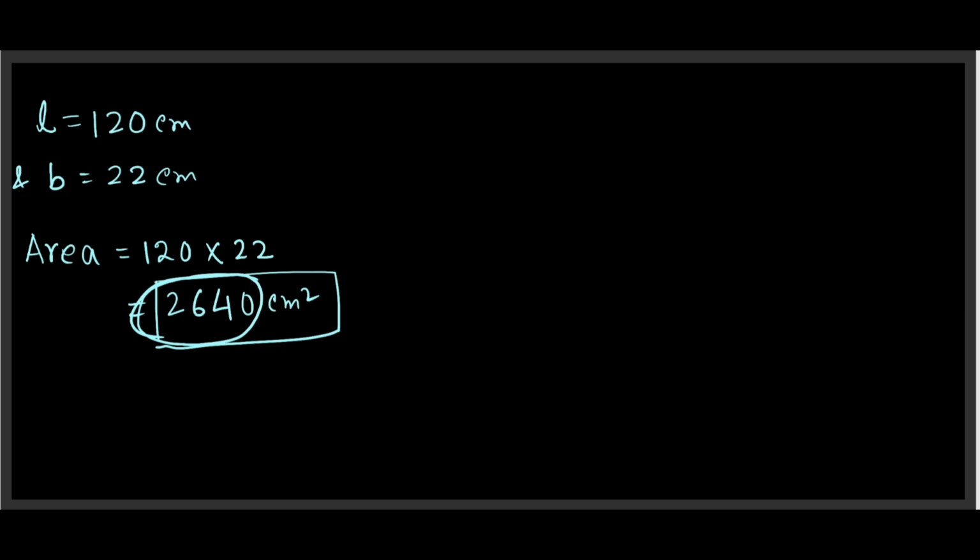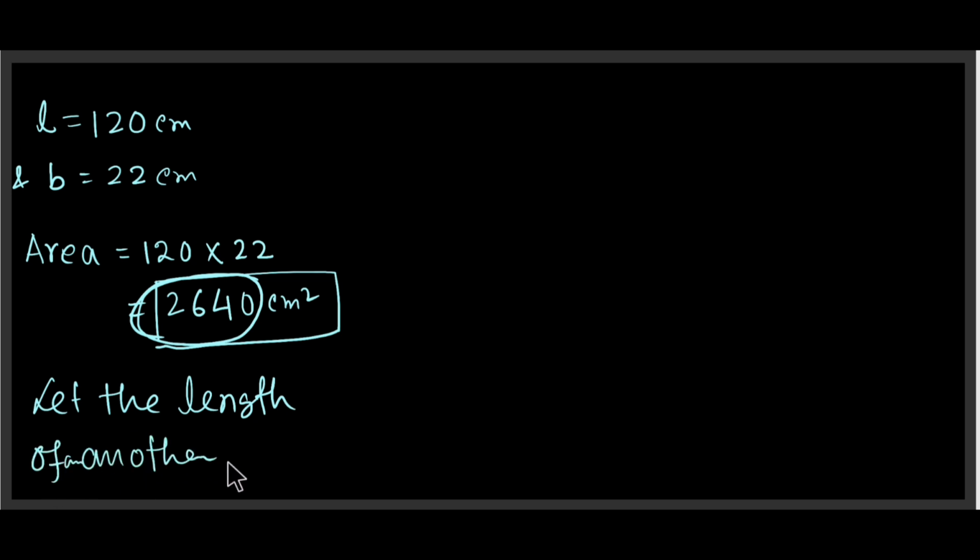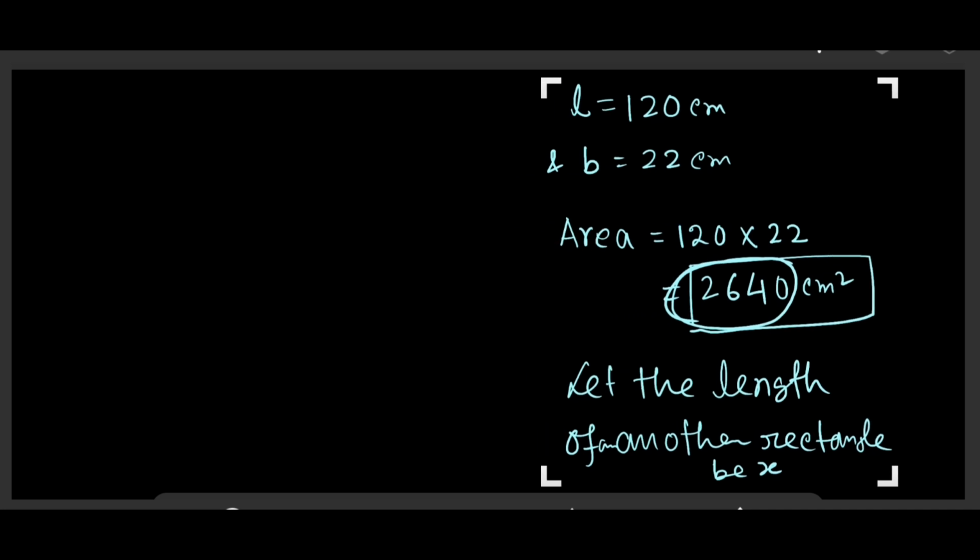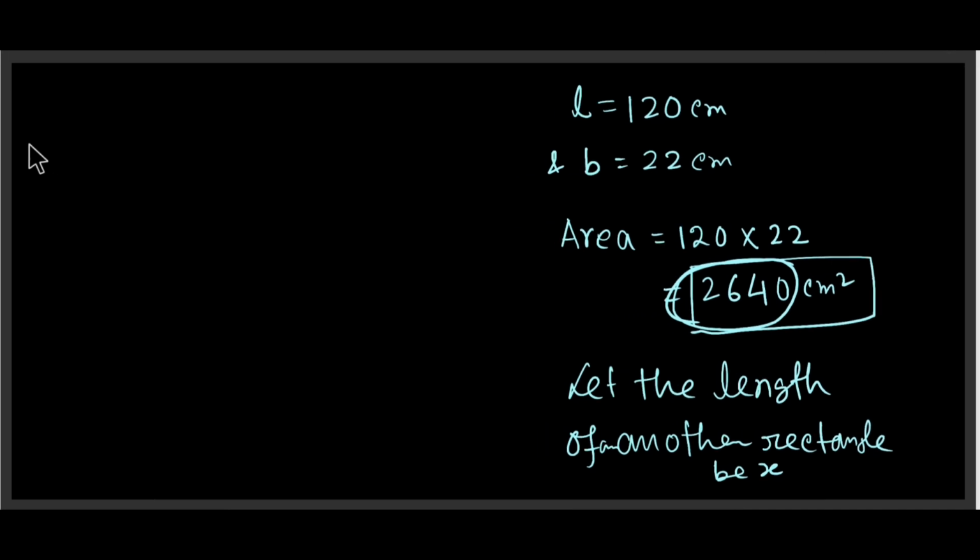centimeter. So now, by the given condition, let the length of another rectangle be x. So by the question, we can write the perimeter, that is 2 into (length plus breadth).